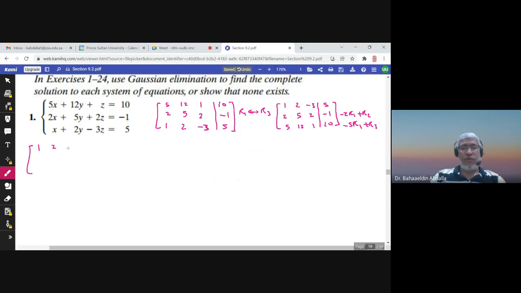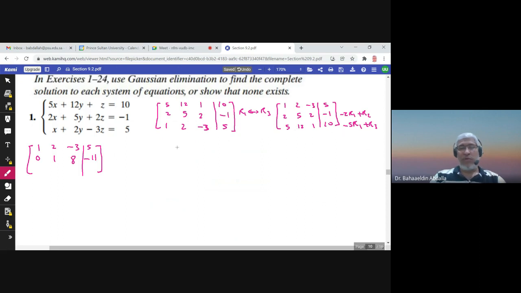The first row remains unchanged. And let us now write the new row 2. Negative 2 plus 2 is 0. Negative 4 plus 5 is 1. 6 plus 2 is 8. Negative 10 plus minus 1 is negative 11.